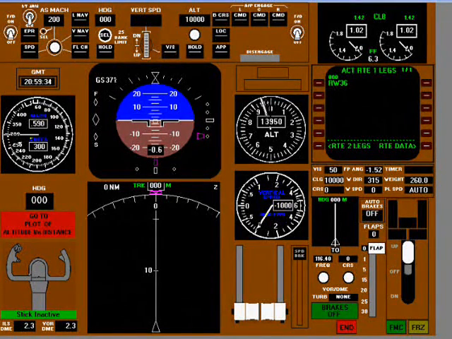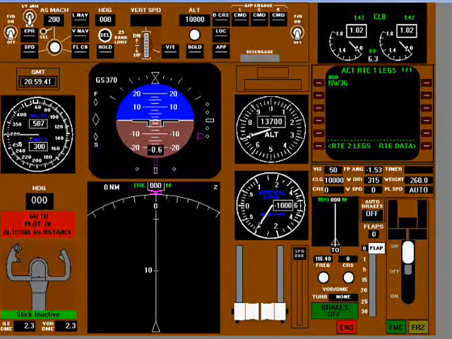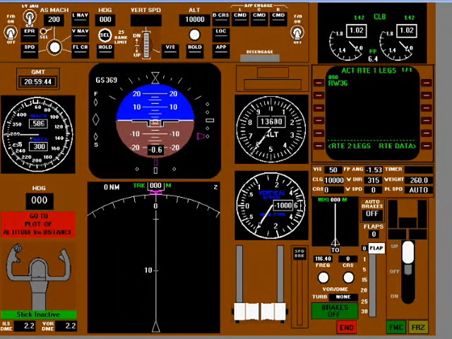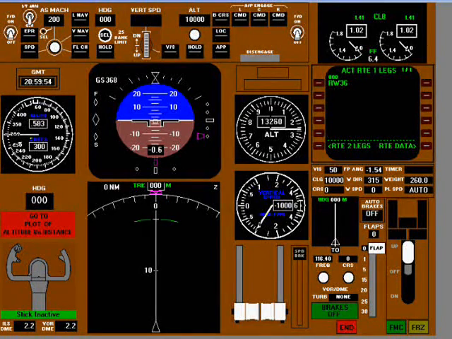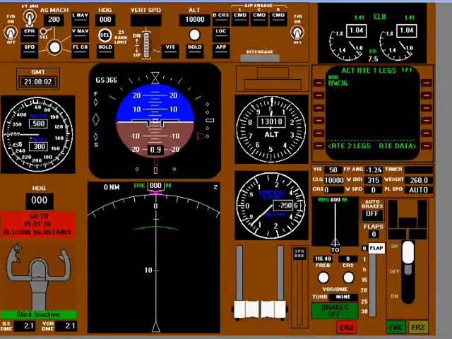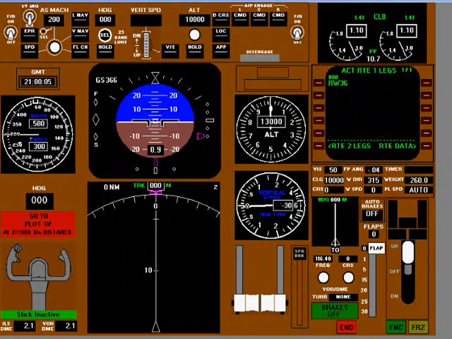And since this is a constant airspeed transition, we will coordinate pitch changes with power changes using an appropriate altitude lead. Notice that the altitude is immediately captured and the airspeed remains at 300 knots.